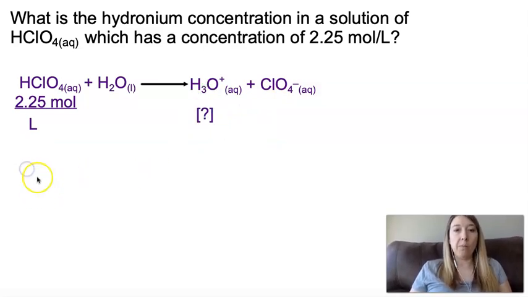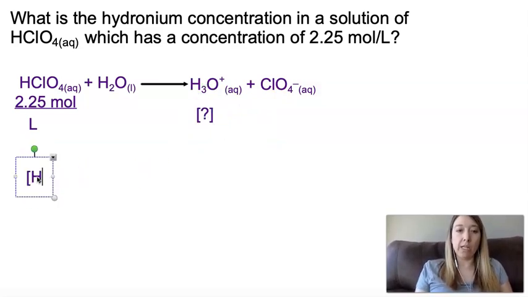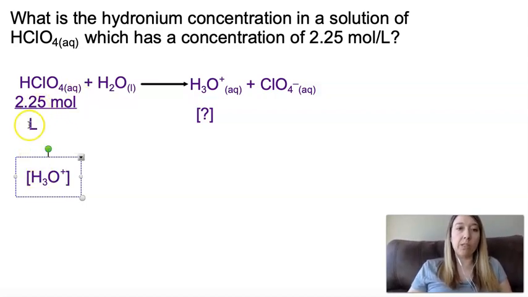So it's going to have units of moles per liter, which is the same as the units of this. The difference is we need to make sure it's moles of hydronium per liter, and this, because it's written with HClO4, is moles of HClO4 per liter. So we need to switch the moles of HClO4 over to moles of H3O+.